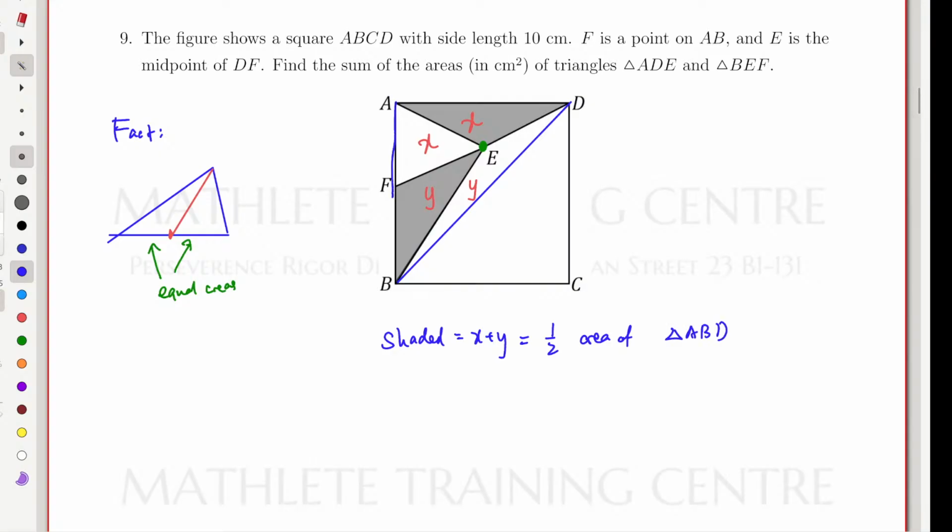Because triangle ABD has two copies of X and two copies of Y, so it's twice the shaded area. But then what's the area of triangle ABD? Well, we know that triangle ABD is equal to half the square. So it will be equal to half times 10 times 10. So this is equal to, in the end, 25. That's the answer.